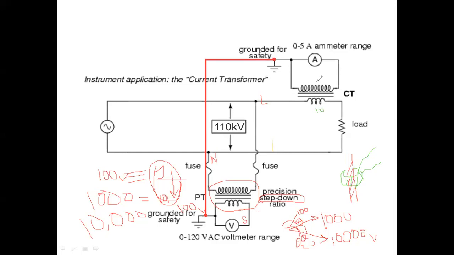But in the secondary, where we are attaching an ammeter, the number of turns is just like 100.